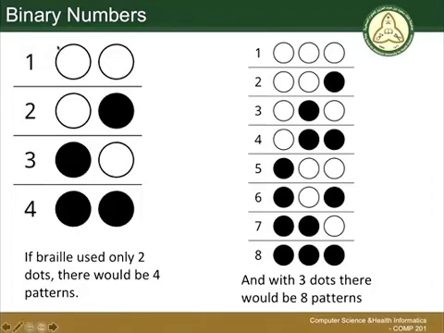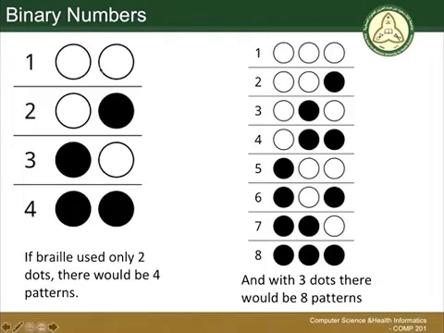If I know the number of unique patterns for the previous number of dots, like Braille with 2 dots is 4, and the question asks how many patterns you get with 3 dots, you multiply 4 by 2 to get the 8 patterns.